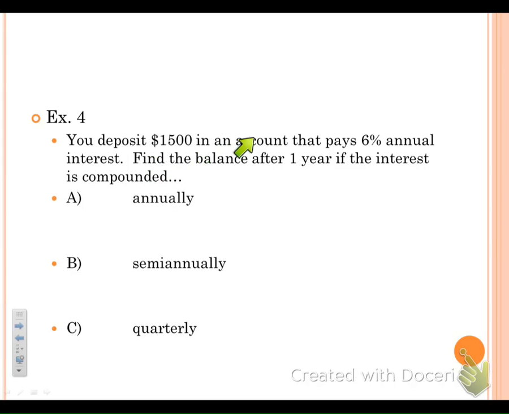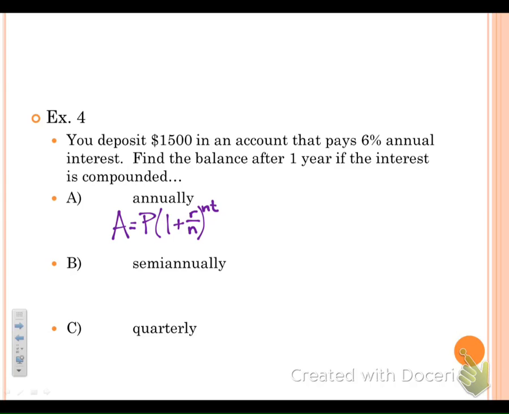You deposit $1,500 in an account that pays 6% annual interest. Find the balance after 1 year if the interest is compounded with each one of these options. So we're going to start with A. In this equation, y was the last one. A equals P times 1 plus R over N to the NT.